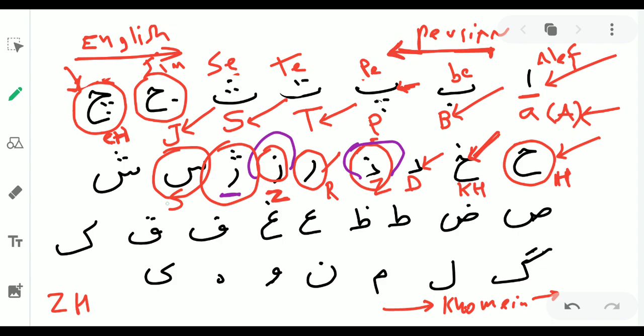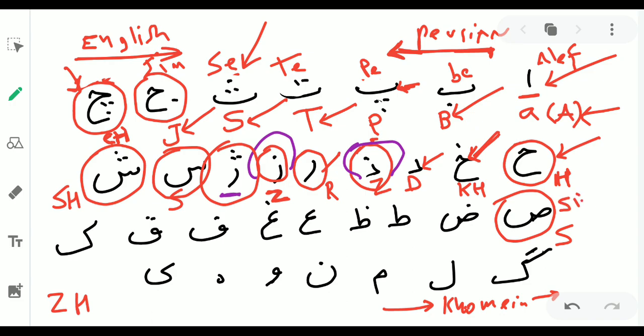As I said earlier, there was an S here, so this is the second S. And then She, which is this one, represents SH. Then we have Sat. This is the third S equivalent in the Persian alphabet.